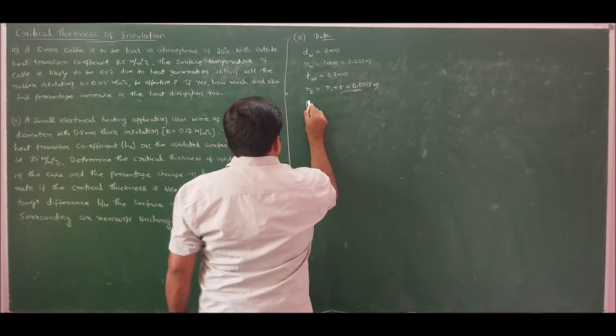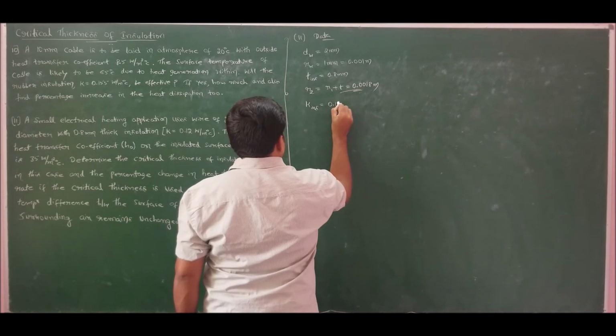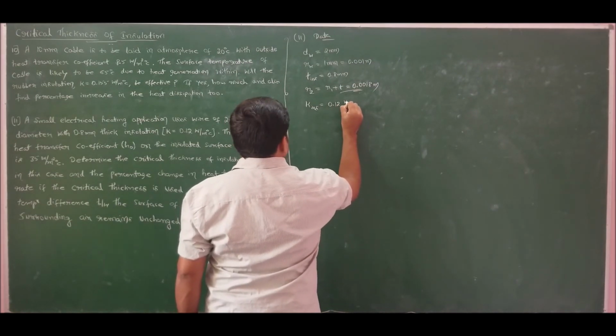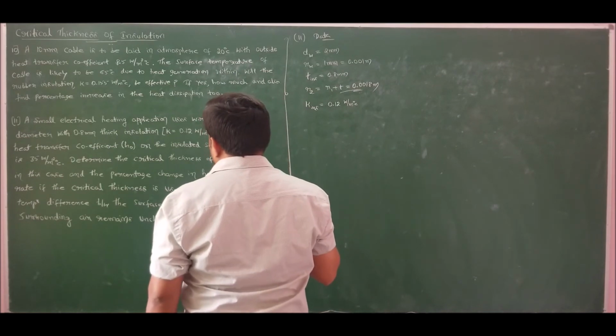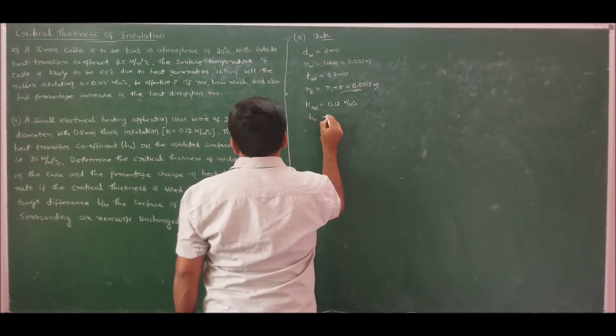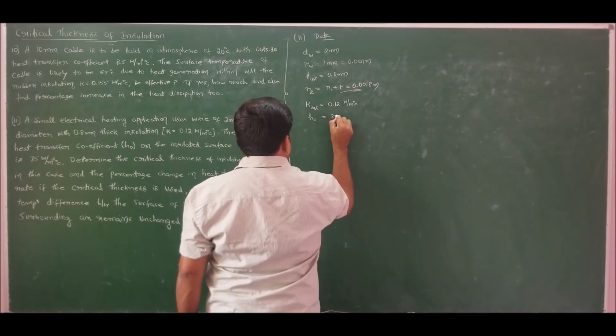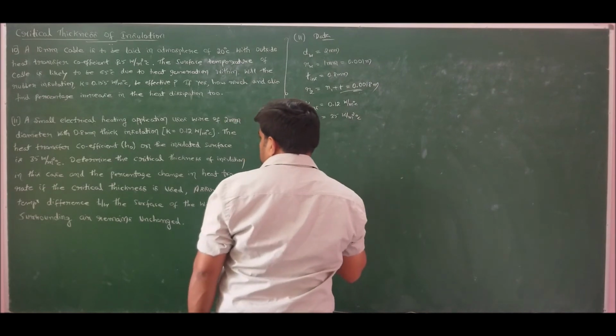He has given the thermal conductivity of insulating material, which is 0.12 watt per meter degree Celsius. The heat transfer coefficient on the insulating surface, H0, is 35 watt per meter square degree Celsius.